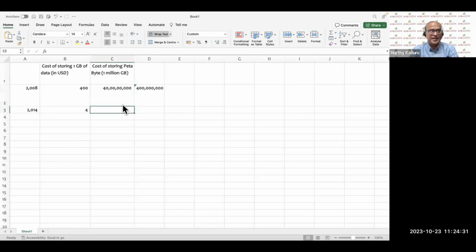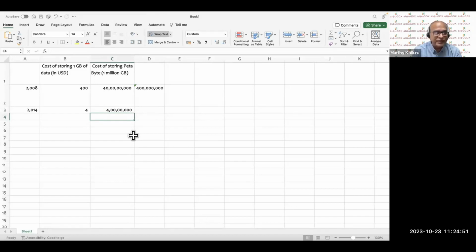At $4 a gigabyte, if I'm generating a petabyte of data every year, my storage needs are $4 million.